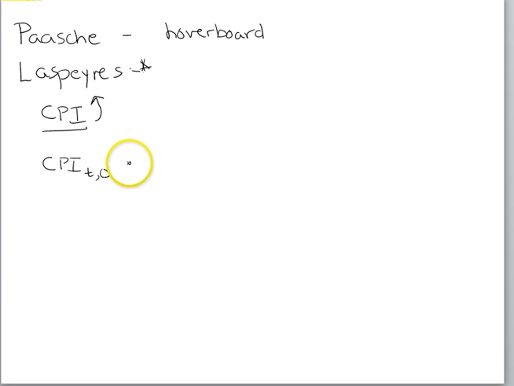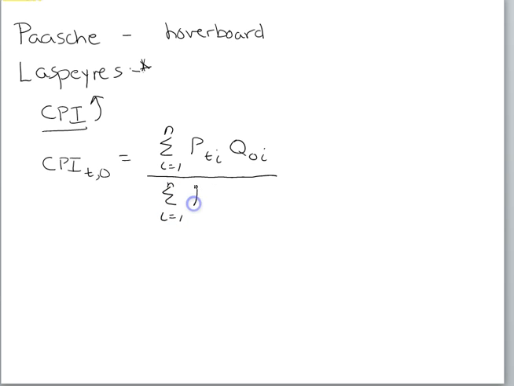When we're talking about a Laspeyres index, the CPI is really taking the sum from i equals 1 to n number of goods, of today's prices for each good, times yesterday's quantity for each good, and putting it over the sum from i equals 1 to n of yesterday's prices for each good, multiplying each price for each good by the quantities in yesterday's market basket.